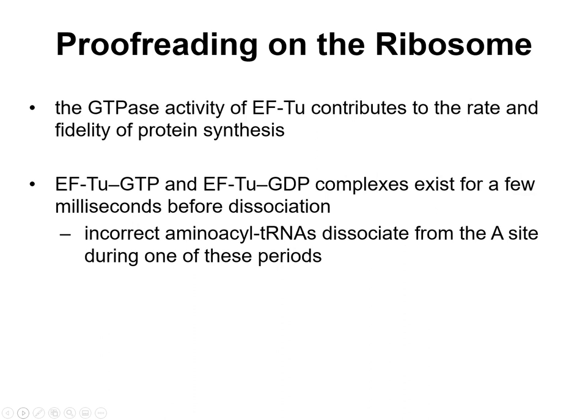Now we have to talk about proofreading again. We talked about proofreading in a sense when we talked about how the tRNAs are charged with aminoacyl tRNA synthetases, and that there's a secondary site that will accommodate improper amino acids.